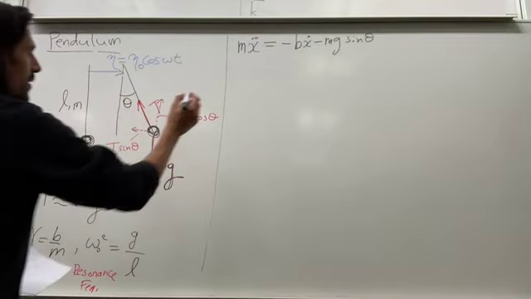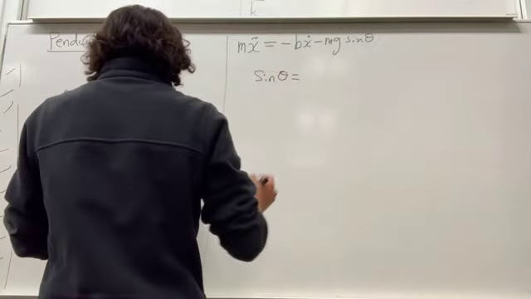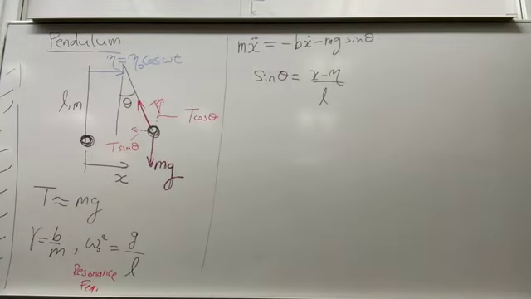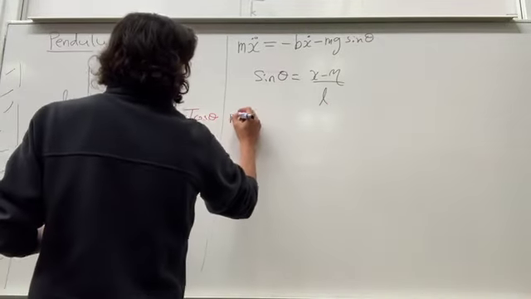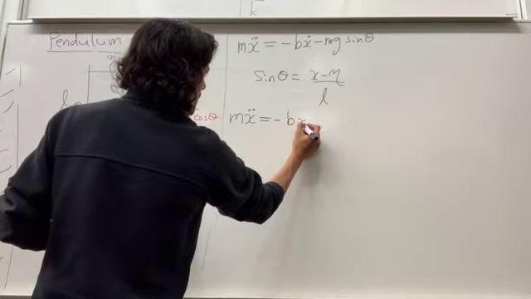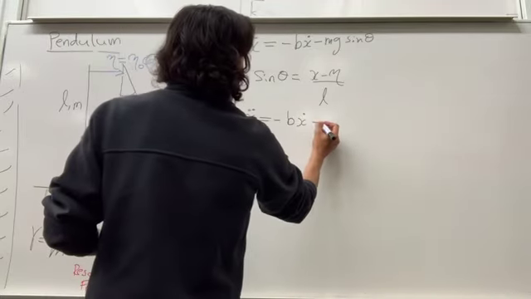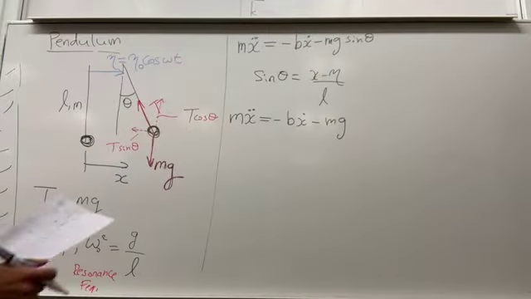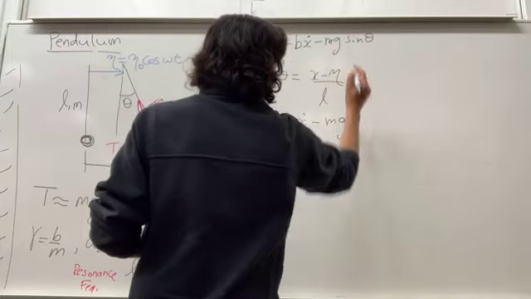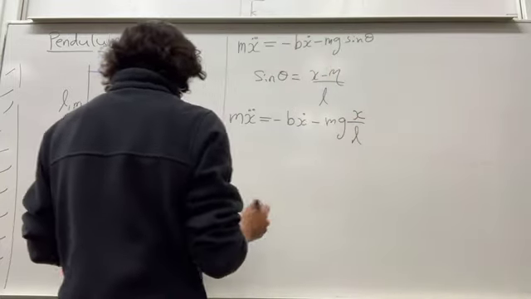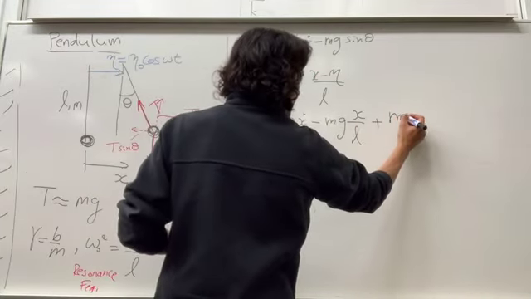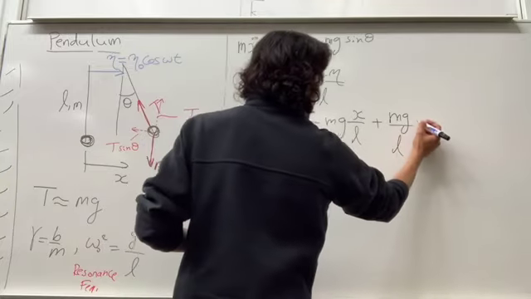So sine theta is (x minus eta) over L. So we can now write m x double dot equals minus b x dot minus mg x over L for the first, and the second would be with a plus sign, which is plus mg over L times eta.